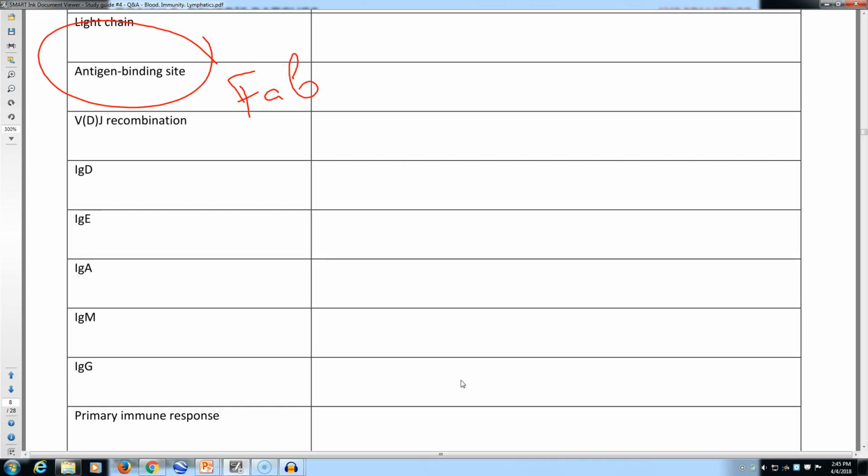VDJ recombination. Remember we talked about the mechanism how antibodies can recognize so many antigens. That's what I refer to. You have to understand how it happens.